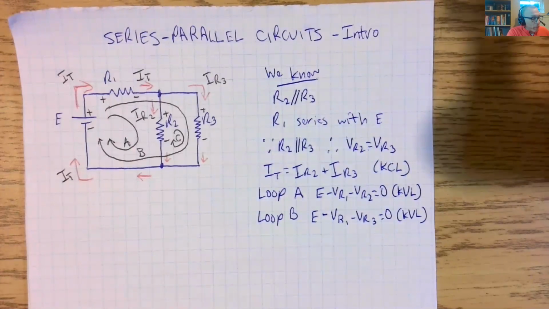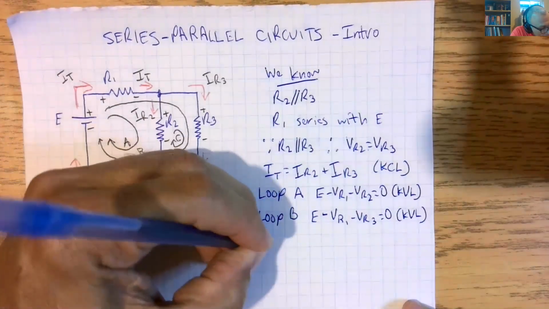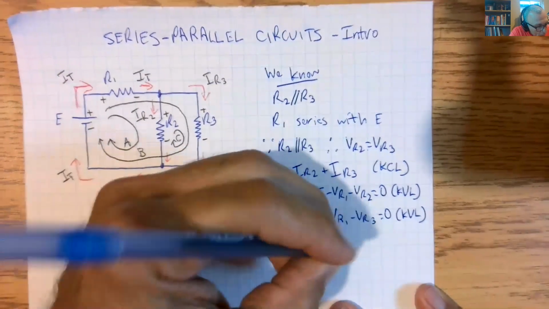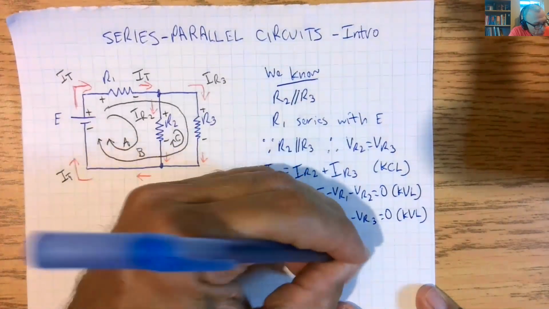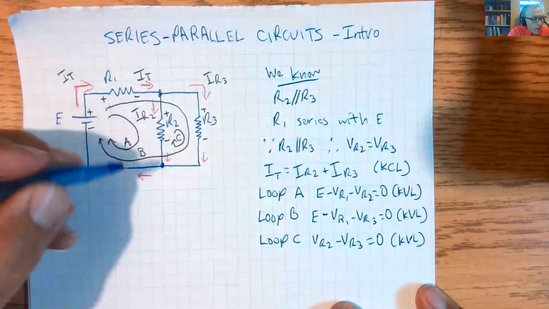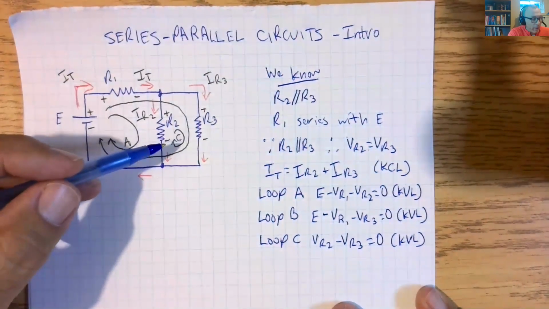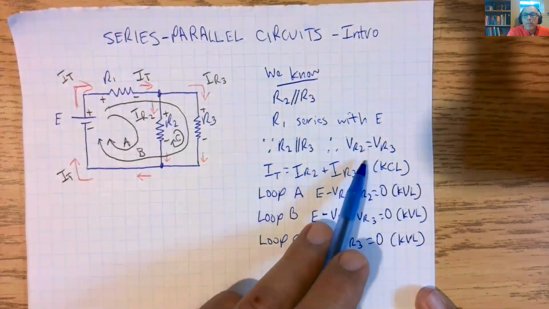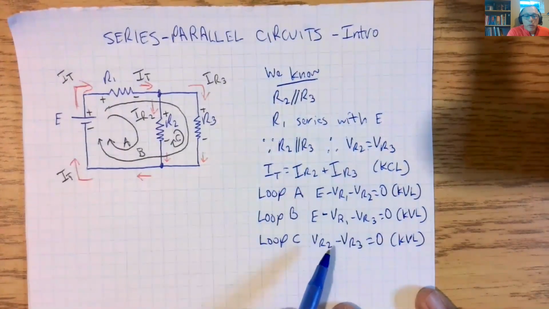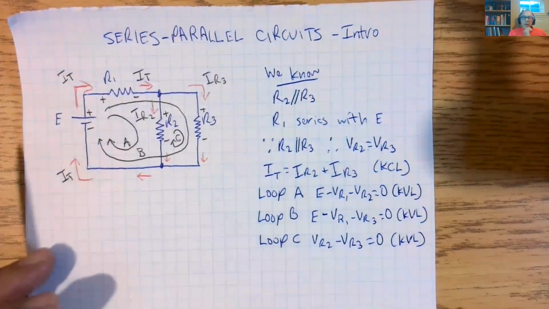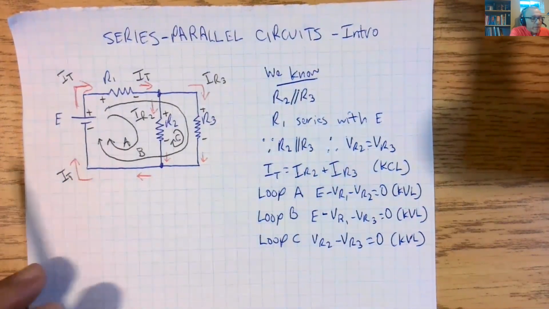Loop C tells us that VR2 minus VR3 is equal to 0. And that is also Kirchhoff's voltage law. This is going to come into play when we do more complicated circuits. Now this equation lends itself to that. If we were to move VR3 to the other side of the equal sign, we would get VR2 equals VR3.